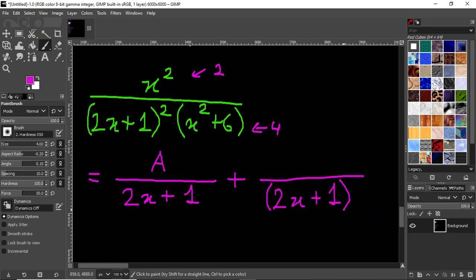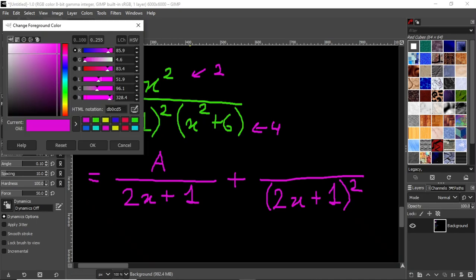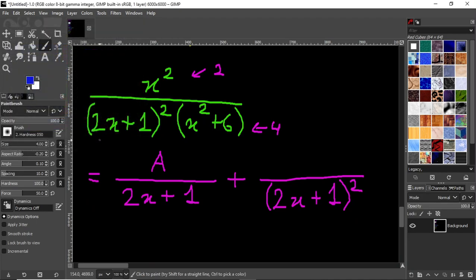But as I said, this is a linear factor, and this is the highest power for this factor, right? So we can actually use a shortcut to find the value for this one. Let's first do that. First thing, what makes this 0? x equals minus half, right? x equals minus half.